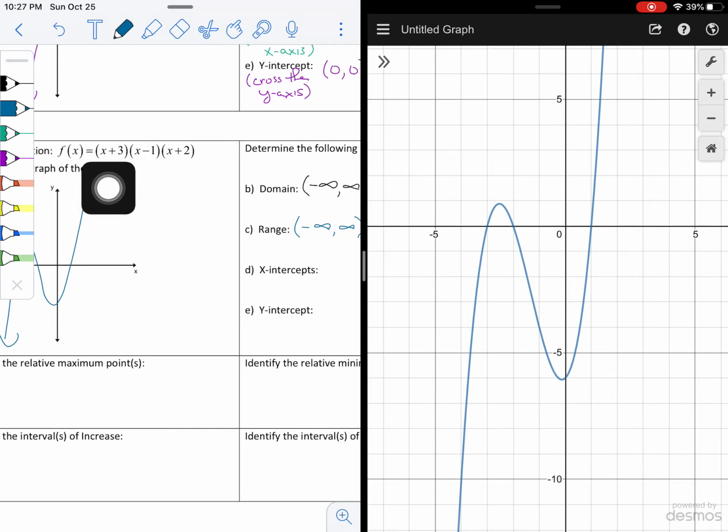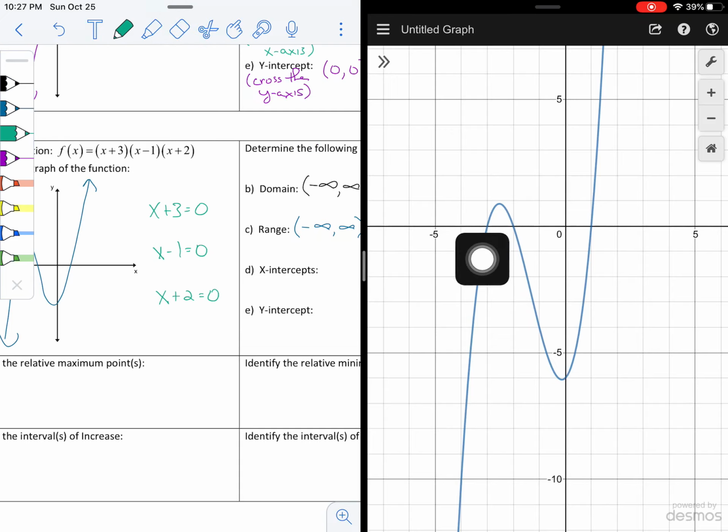So if I'm looking for my x-intercepts, I can set each one of those factors equal to 0, and I will be able to solve for my 3. You'll notice there's 3 places I cross the x-axis, my 3 x-intercepts.